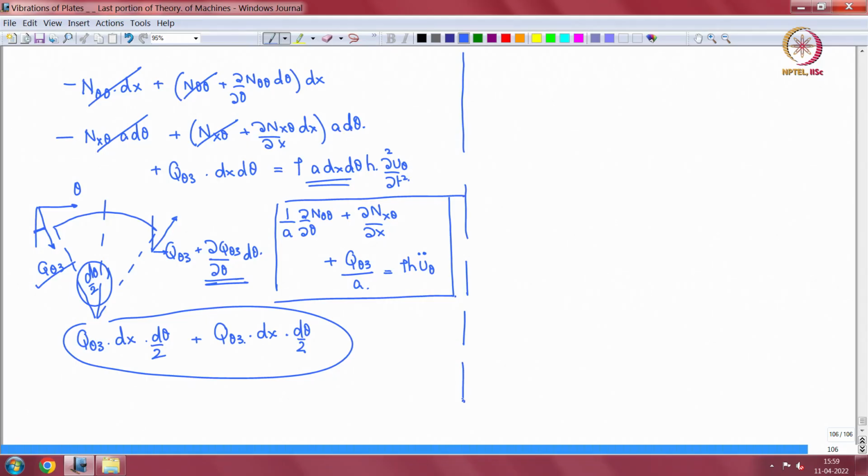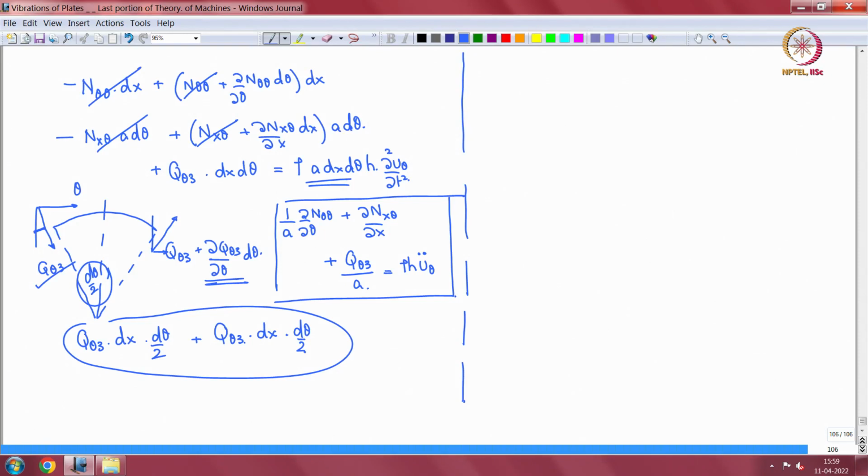Good morning and welcome to this next lecture on vibrations of plates and shells. We were looking at the cylindrical shell geometry, and initially I said I will derive the equations of motion in terms of the force resultants, and we did the x and theta equations.